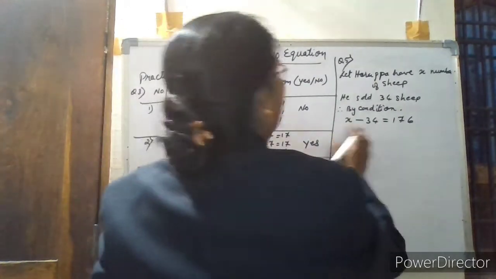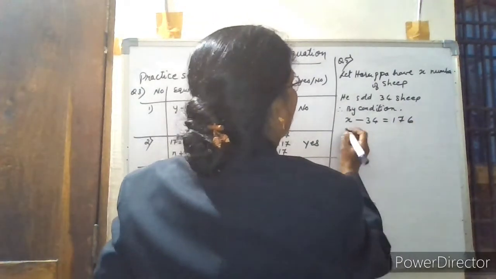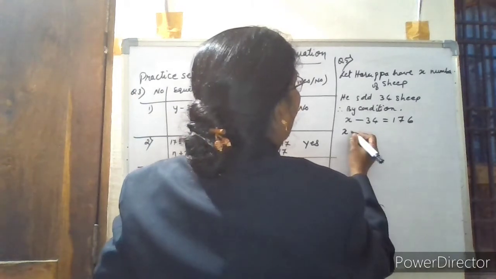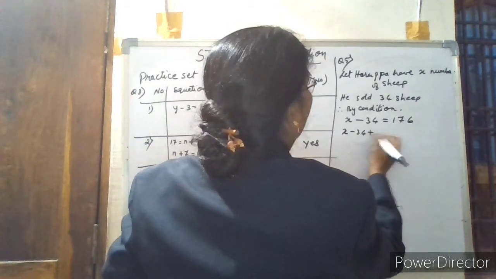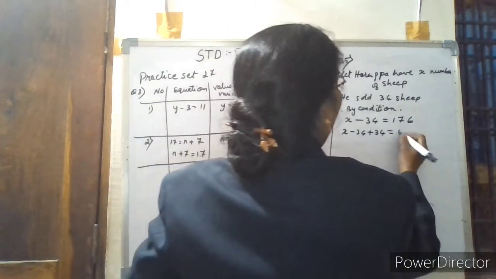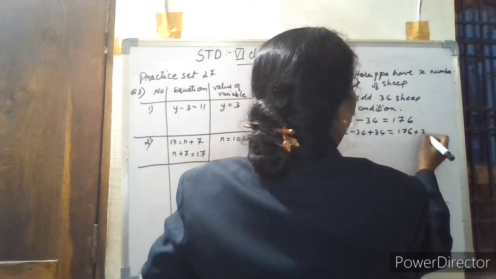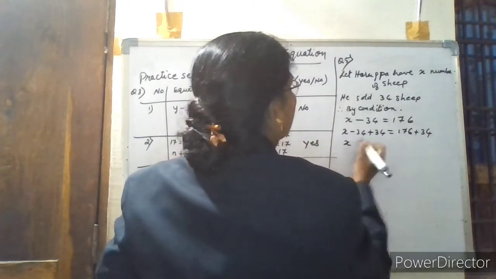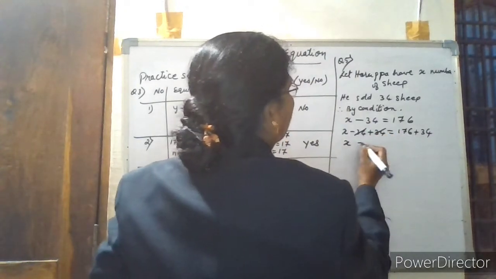So X minus 34 is equal to 176. First method we follow: X minus 34, so add 34 on both sides. So 176 plus 34. On the left, minus 34 plus 34 cancels, so X is equal to 176 plus 34.